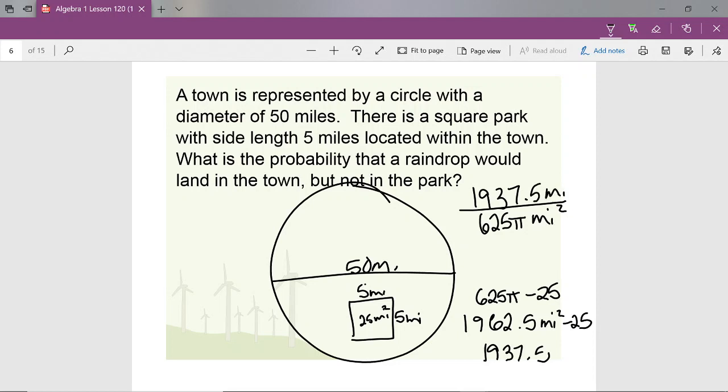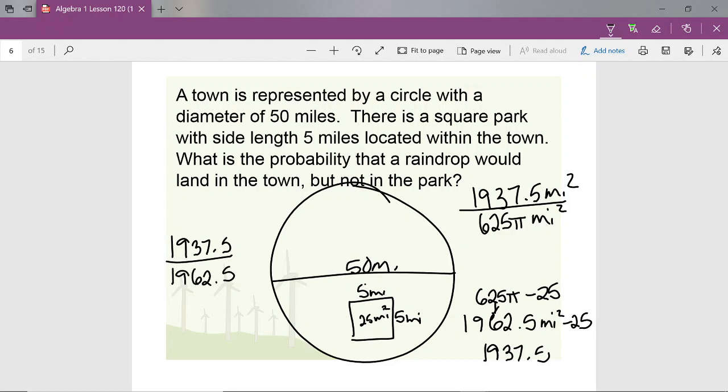Okay, so in order to do this, you can get a decimal for this one because reducing it is going to be kind of tough, but we can take this 1,937.5 divided by what we got for this 625 pi, so 1,962.5.